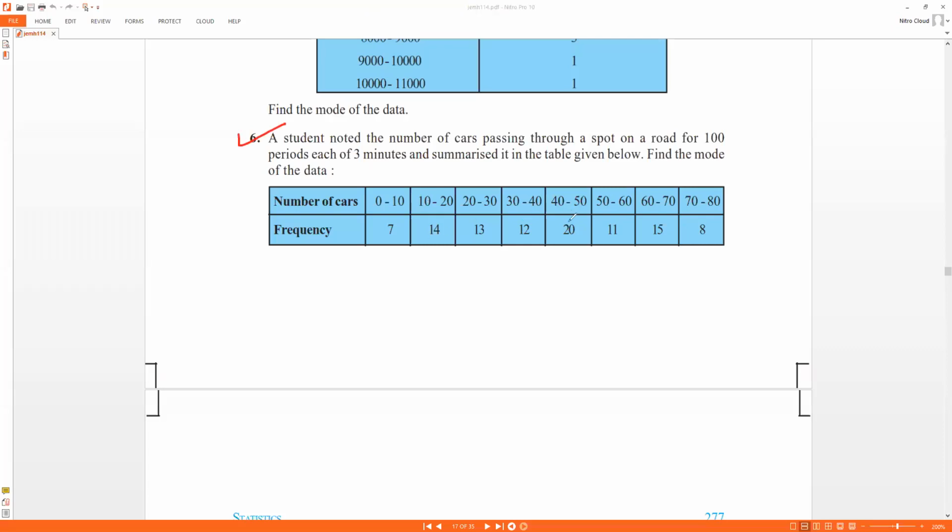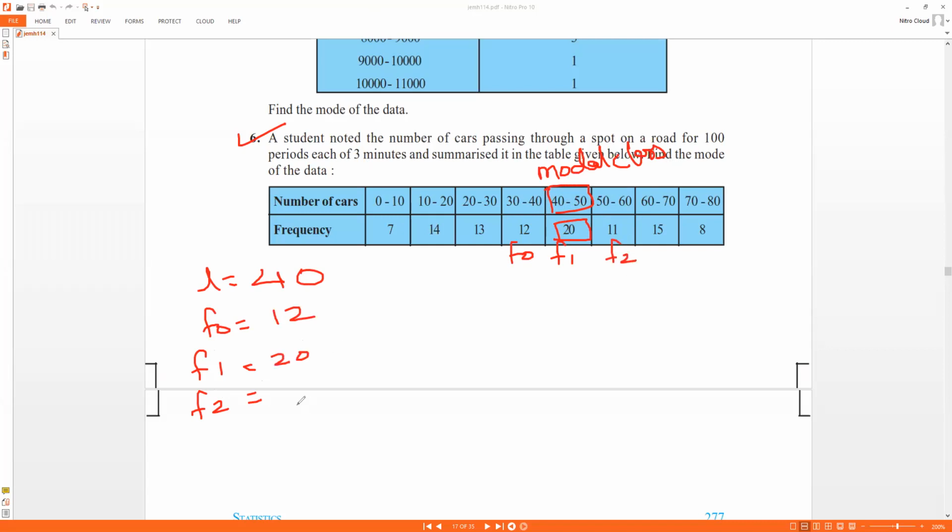In the sixth one, you will observe that 20 is the highest frequency. So this is the modal class. So L will be the lower class limit of the modal class, 40. f1 will be the frequency of the modal class. f0 will be the frequency of the preceding class.